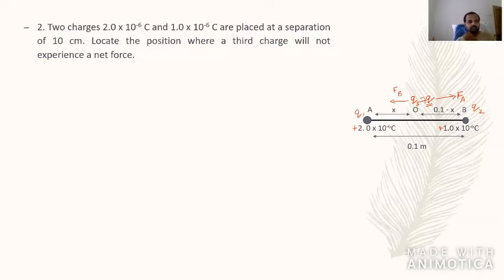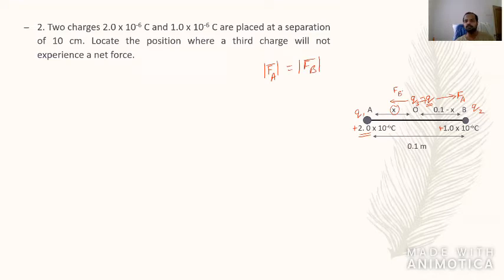Now, the main reason why we are solving this problem is to find this position X. So we have to find this position X from the 2 microcoulomb charge, in such a way that Q3 is not going to experience any kind of net force. That is, the given condition is that the magnitude of FA bar should be equal to the magnitude of FB bar.